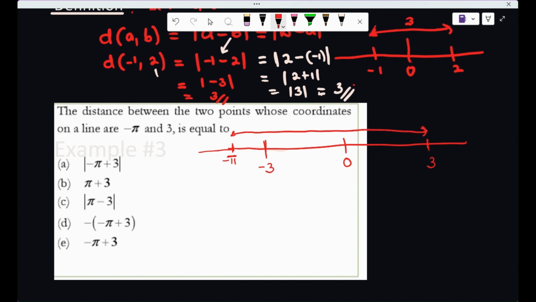So now we are interested in the distance between -pi and 3. So let's use the definition.